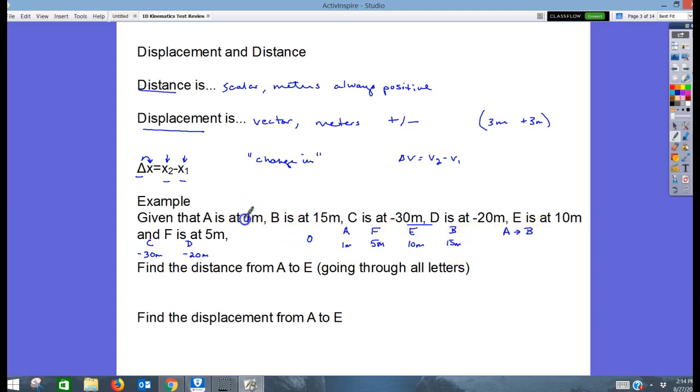A is at 0 meters. I thought that was a little weird. So A is here, not there. Sorry. So from A to B would be 15 meters, from 0 to 15. From B to C, remember this is distance, it's just how far. So from B to C, from 15 all the way to minus 30, well, that's 45 meters.